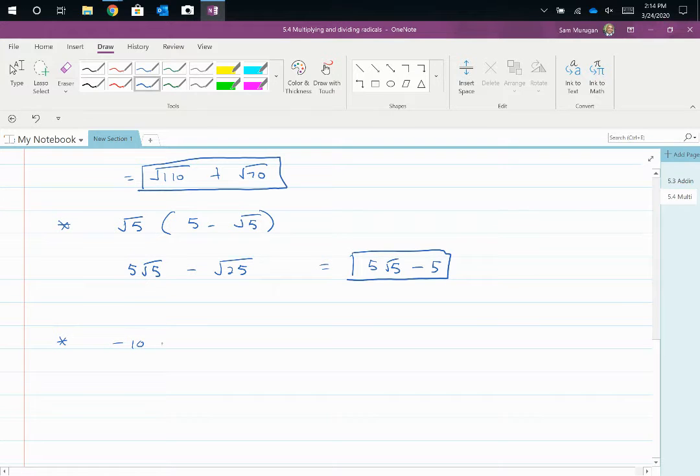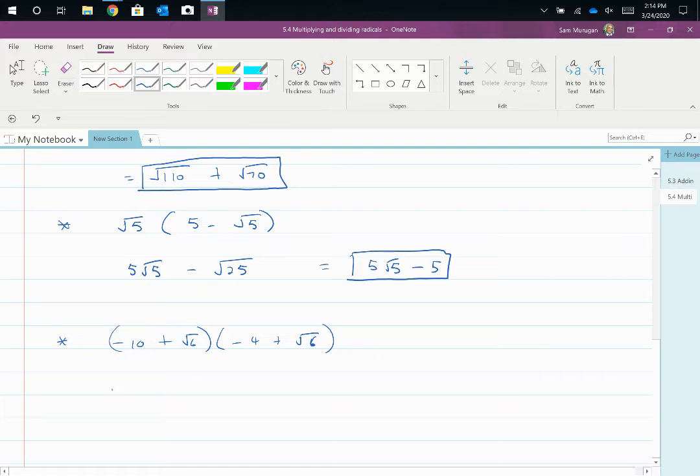Negative 10 plus square root of 6 times negative 4 plus the square root of 6. So you want to go ahead and do FOIL on this one. Absolutely, you want to do FOIL on this one.